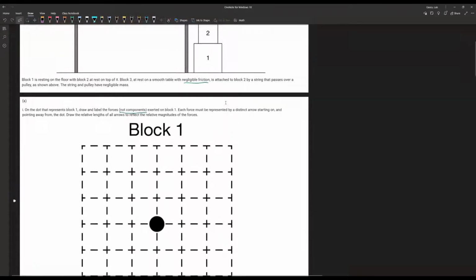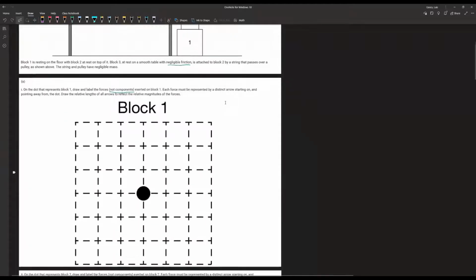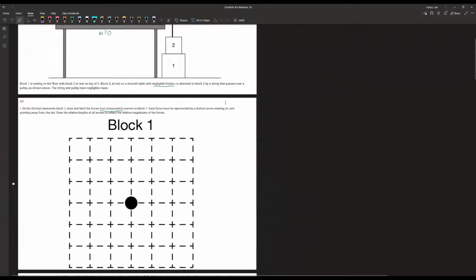What do you think the free body diagram on block 1 will look like when it's on the ground? We're going to want to keep track of the lanes here because that will matter. I'm going to assume most of us started with the gravitational force.